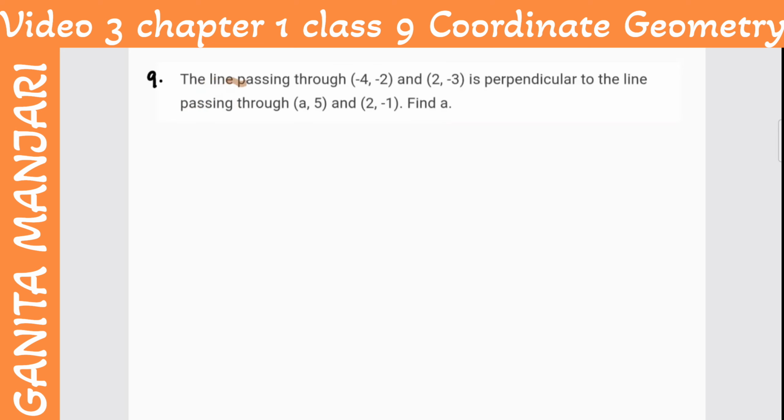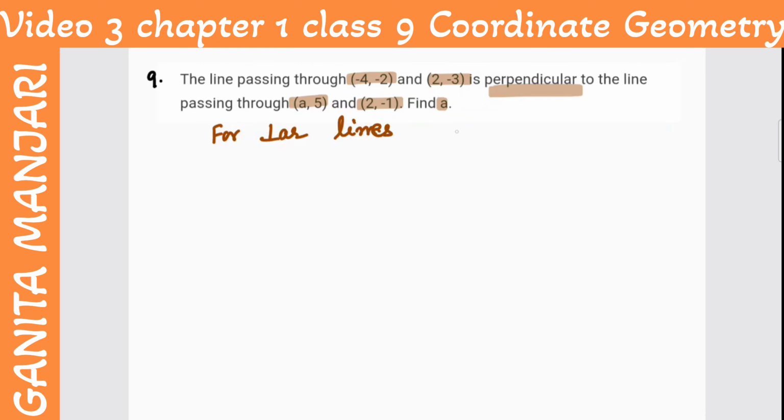Question number 9: the line passing through minus 4, minus 2 and 2, negative 3 is perpendicular to another line passing through a, 5 and 2, negative 1. Find the value of a. So here it is perpendicular. Now for perpendicular lines, slope of line L1 into slope of line L2 is equal to minus 1.